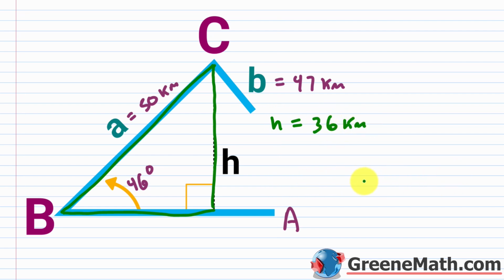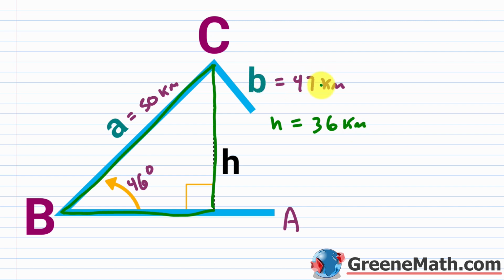Now, first and foremost, if this side right here that is opposite of this angle that's given, if this guy is less than the height, then you can stop and just say no triangle exists. You are done with the problem, right? Because this side right here will not be long enough to make a triangle. If this side right here is equal to the height, well, then you have one right triangle.